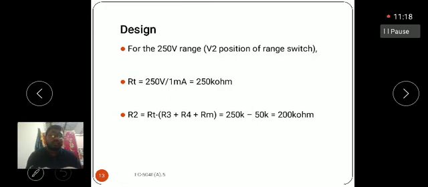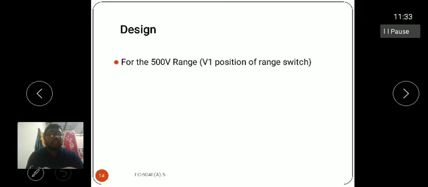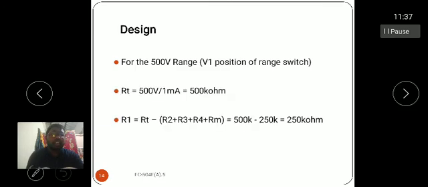RT is equal to 250 volts by 1 milliamp, 250 kilo ohms. Then R2 is equal to RT minus (R3 plus R4 plus Rm), 250K minus 50K, equal to 200 kilo ohms. For the range of 500 volts, V1 position of the switch, RT is equal to 500 volts by 1 milliamp, so we get 500 kilo ohms.